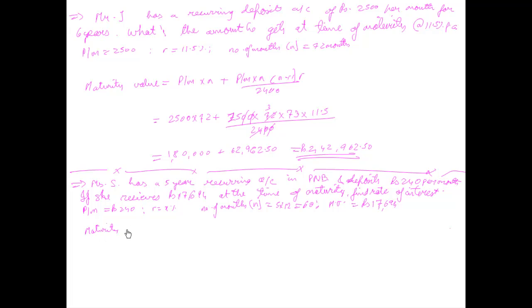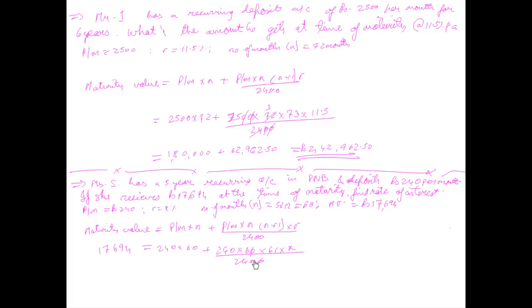Maturity value, principal per month into n plus principal per month into n into n plus 1 into rate upon 2400. Maturity value has already been given to us, children. 17,694 is equal to principal per month into n plus principal per month into n into n plus 1 into the rate, which is x, upon 2400.